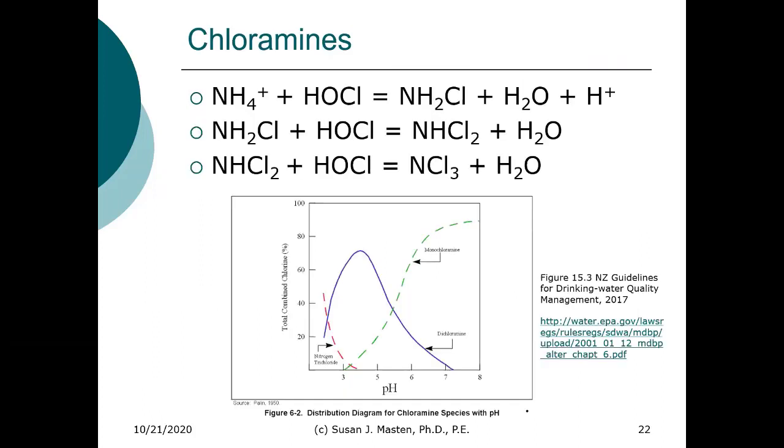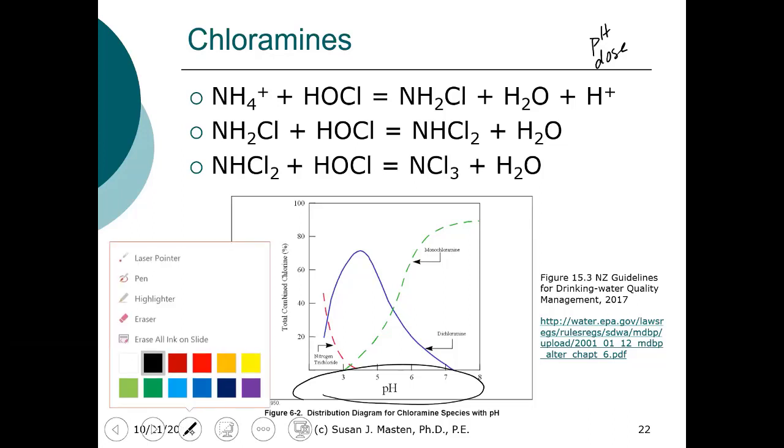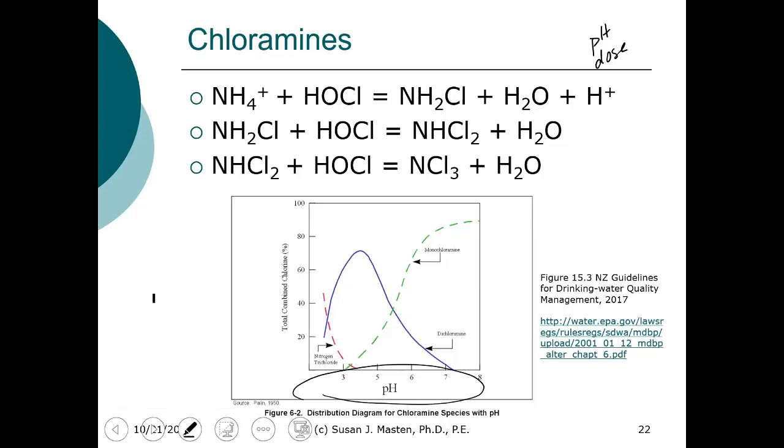Now, the formation of chloramines depends both on pH and dose. And as you can see here, looking at it as a function of pH, if we are in the pH region of most natural waters, we're in this region here, and monochloramine will predominate.